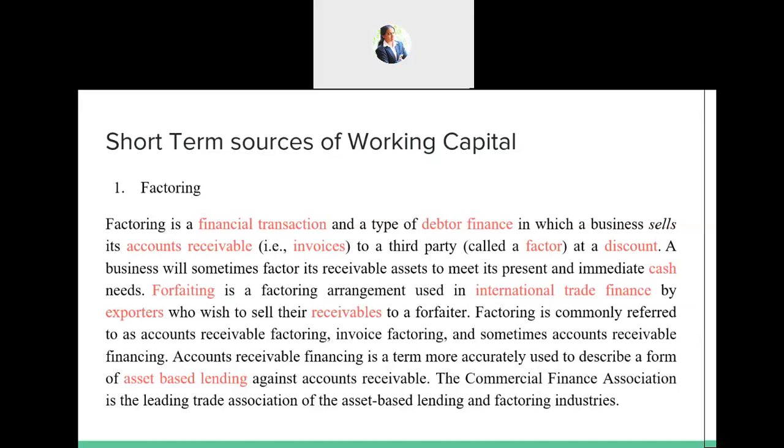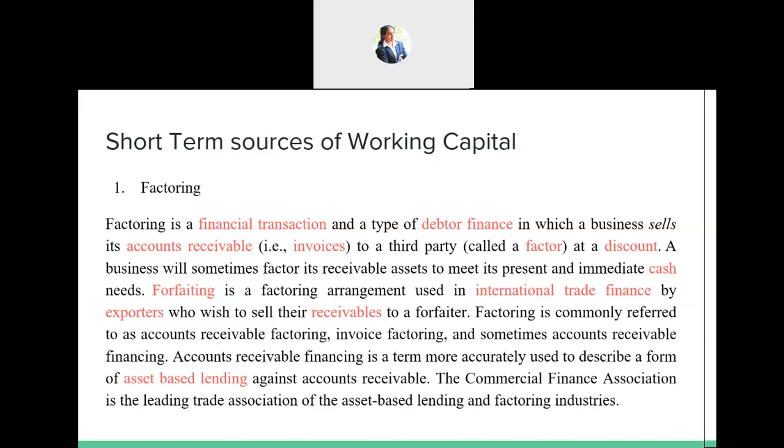All such accounts receivable, I would be selling to a third party, and here the third party is called a factor. And I would be selling this at what is called a discount.